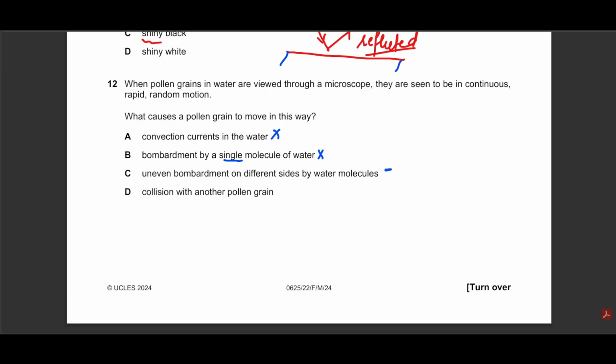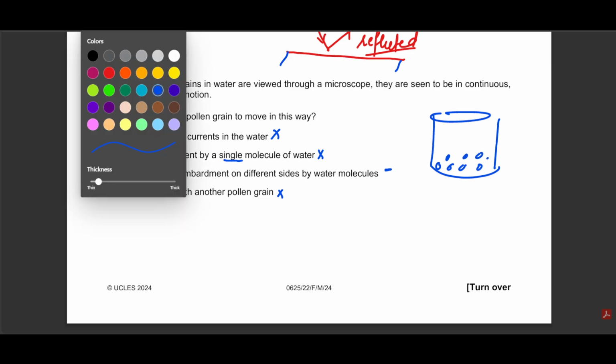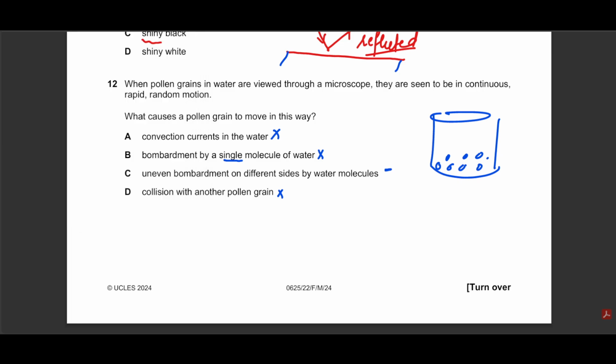Collision with another pollen grain, no. The idea is that pollen grains cannot move on their own. If we had a container and we just added pollen grains without any liquid, they're still going to stay in their own position. But when we add water, we see these pollen grains move ever so slightly.